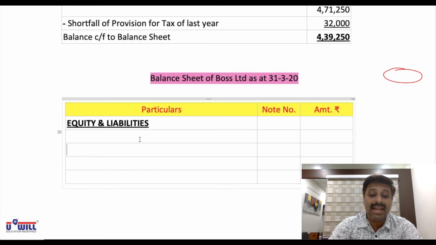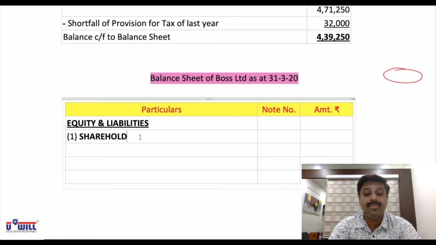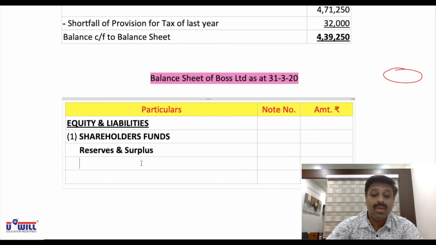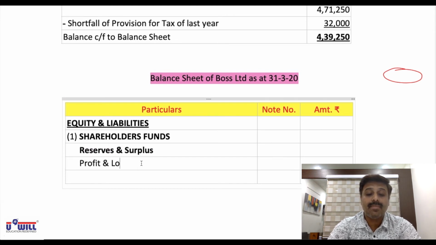Within equity and liabilities, in shareholders funds, we will show in reserves and surplus. In the note of reserves and surplus, we will show profit and loss statement balance.